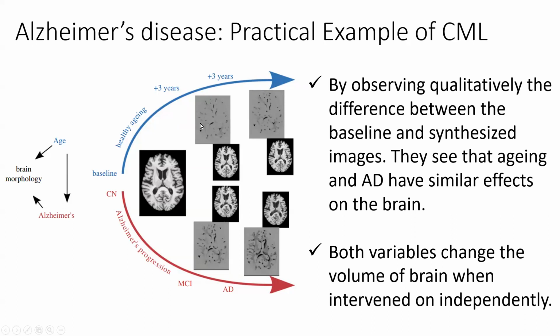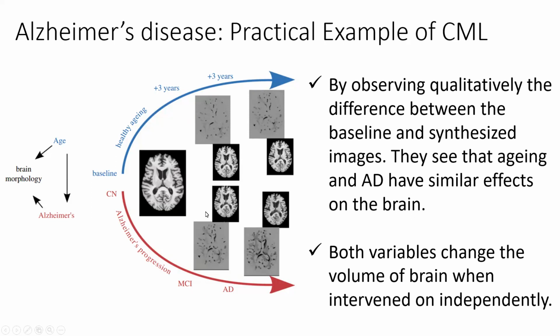At the same time, they synthesize images with different Alzheimer status by fixing the age at 64 and changing the Alzheimer disease status from mild cognitive impairment to a clinical diagnosis of AD.